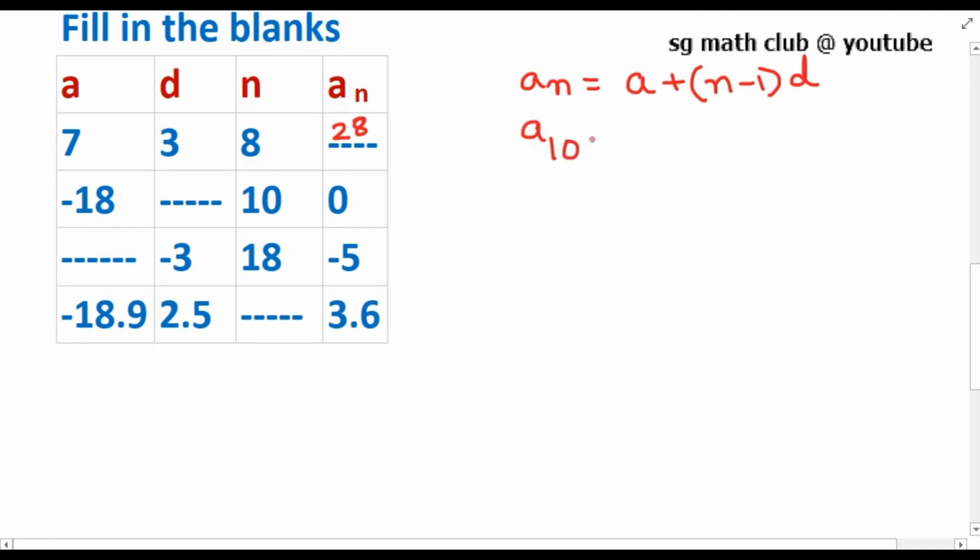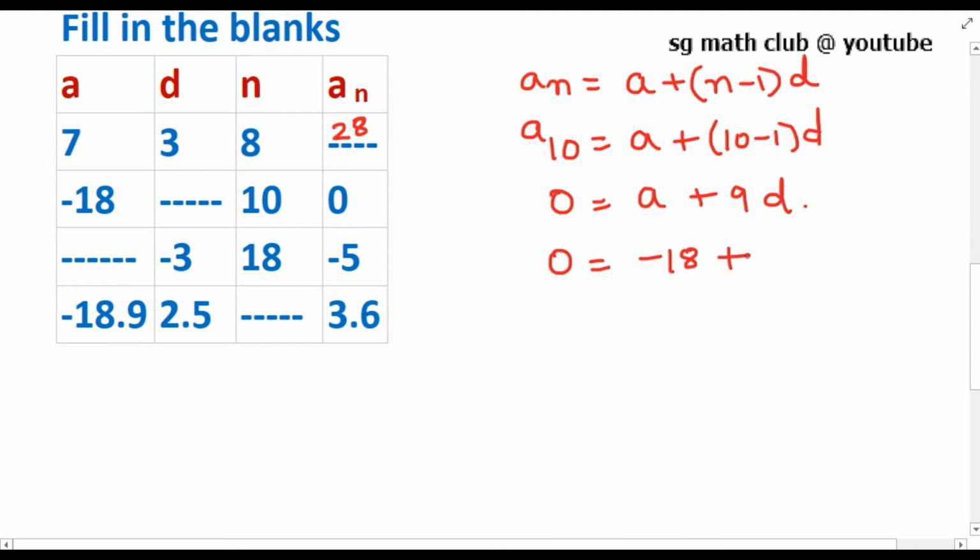So the 10th term is a plus (10 minus 1) into d, and the 10th term they have given as 0, equal to a plus 9d. We need to find d. The a value they have given as minus 18, so minus 18 plus 9d. This minus 18, when you take to the other side, will become plus 18 equal to 9d, or d equal to 18 by 9, which is equal to 2. So the value of d is 2.